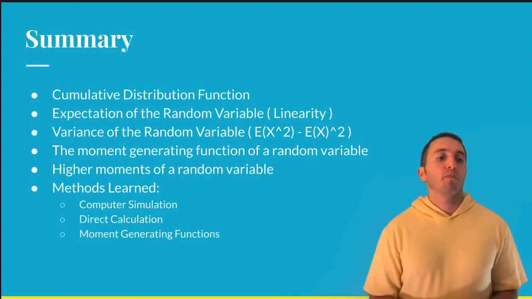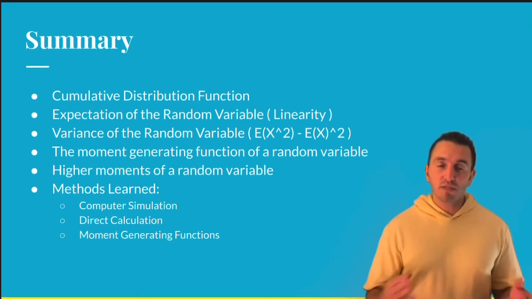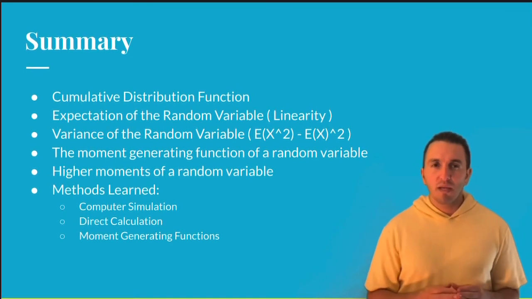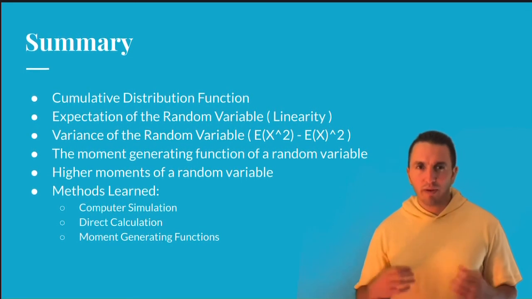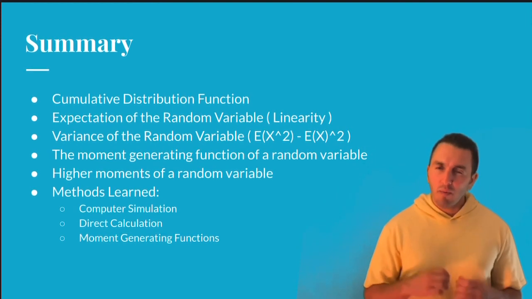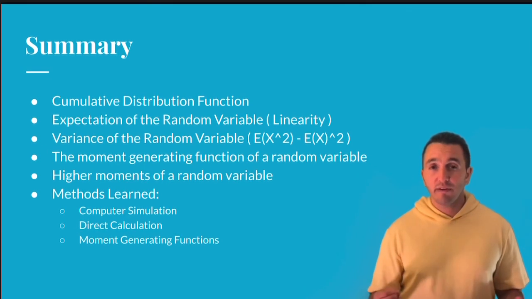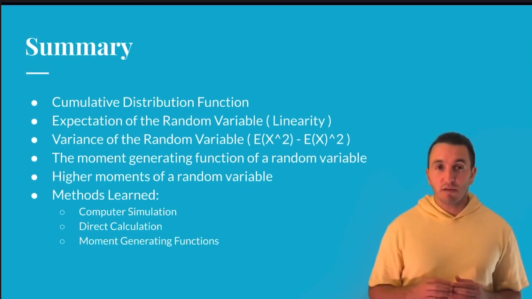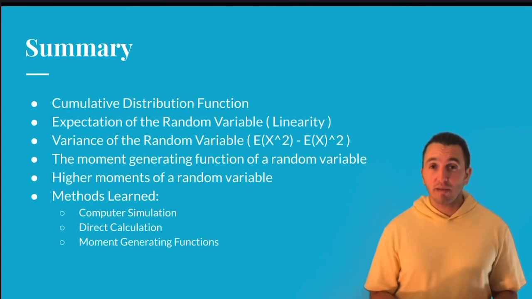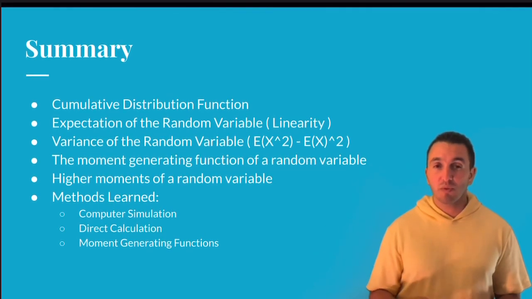We learned about the moment generating function and how to use it. We learned a little bit about the higher moments. And just to recap what we now know how to do: we know how to calculate the expectation and the variance directly on an instance of a random variable, and we can do that either by hand or with our computer simulation, which we did in our first lecture in Python.